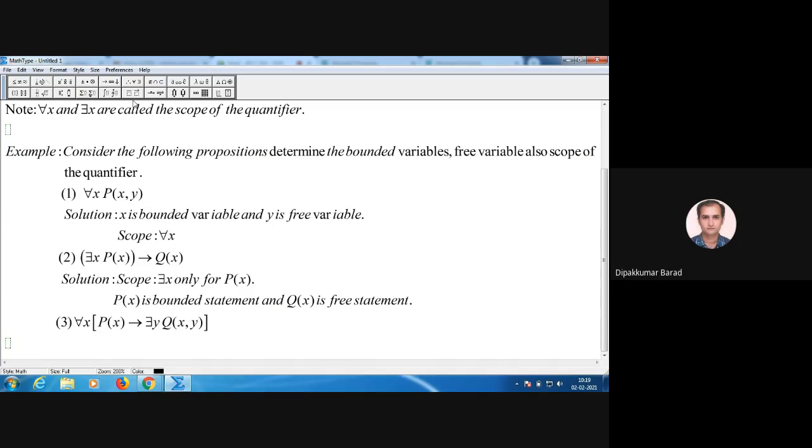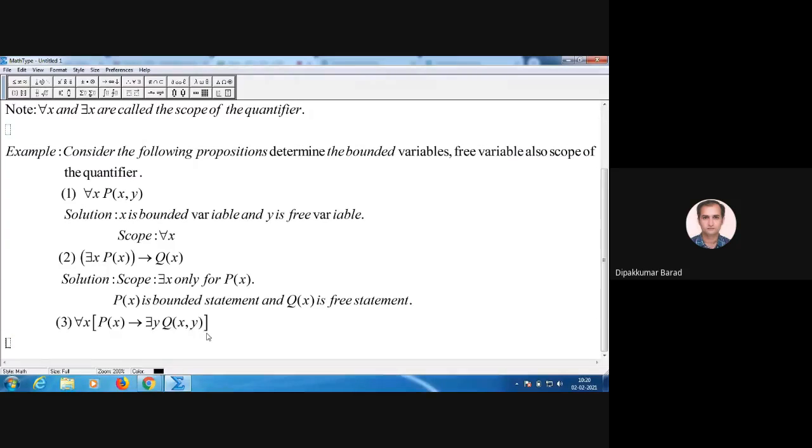So here in q of xy, x is a free variable, and in general x is a bounded variable. But in q of xy, x is a free variable and y is a bounded variable. And the scope we have given for all x is for q of x and q of xy, and there exists y is for q of xy.